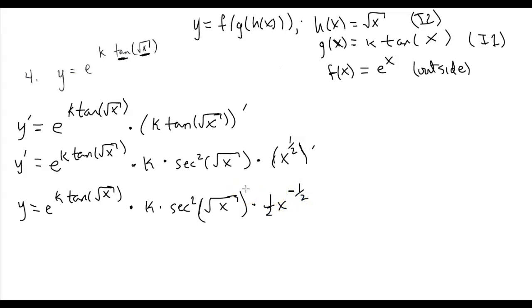And so technically at this point, we are finished taking the derivative, but we want to go ahead and rewrite everything in a nice compact form. So we're going to take that constant k, pull it out in front.